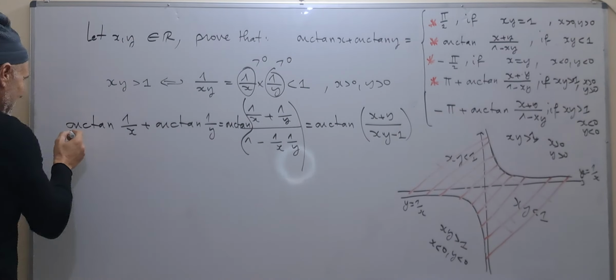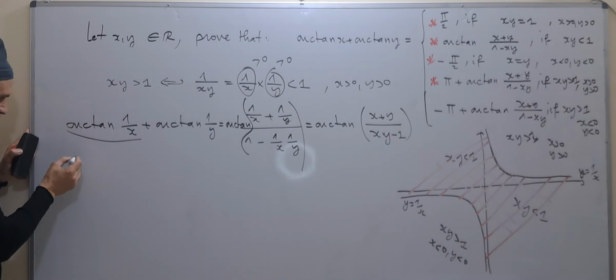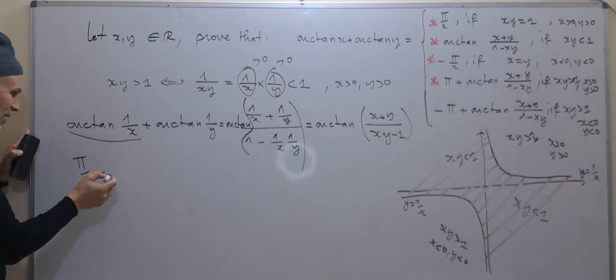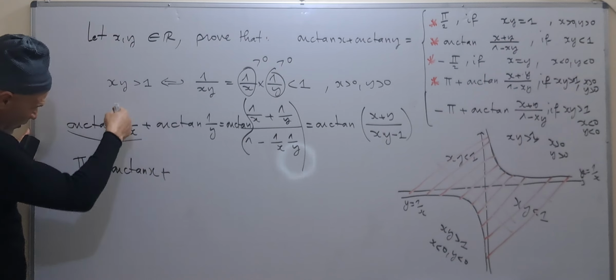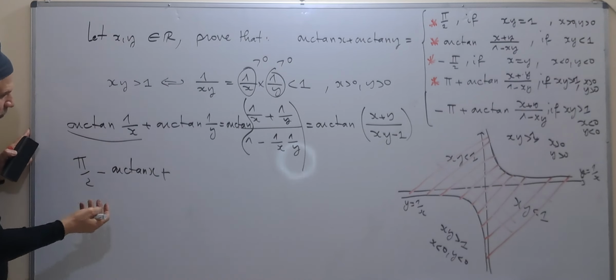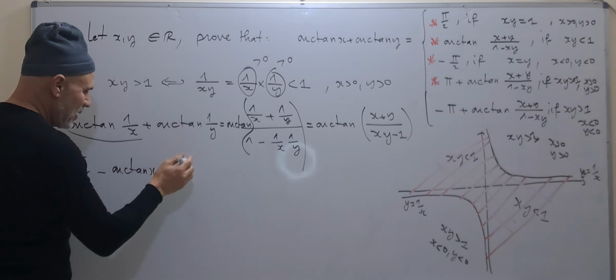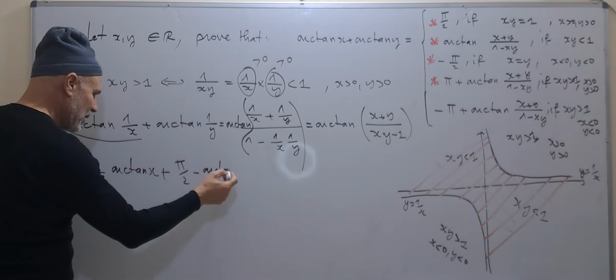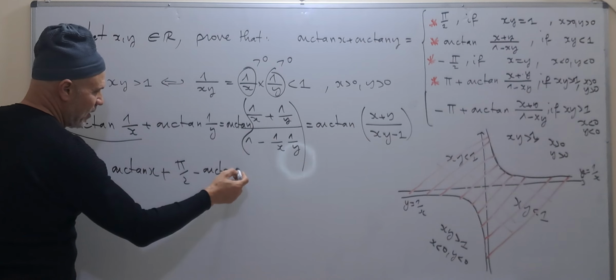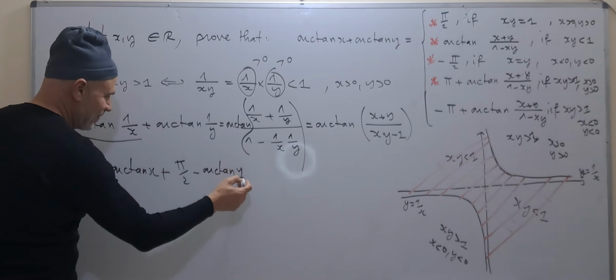So arctangent 1 over x is equal to pi over 2 minus arctangent x. If we take the sum, it will be pi over 2 minus arctangent y.